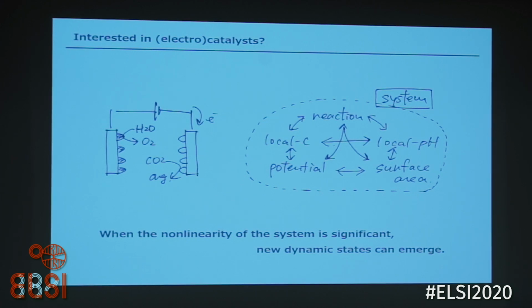For example, local concentration, local pH, double layer potential, and even surface area can be changed because of the accelerated reaction. And in general cases, even if these parameters affect each other, the system will go to a stationary state over a long time, right?